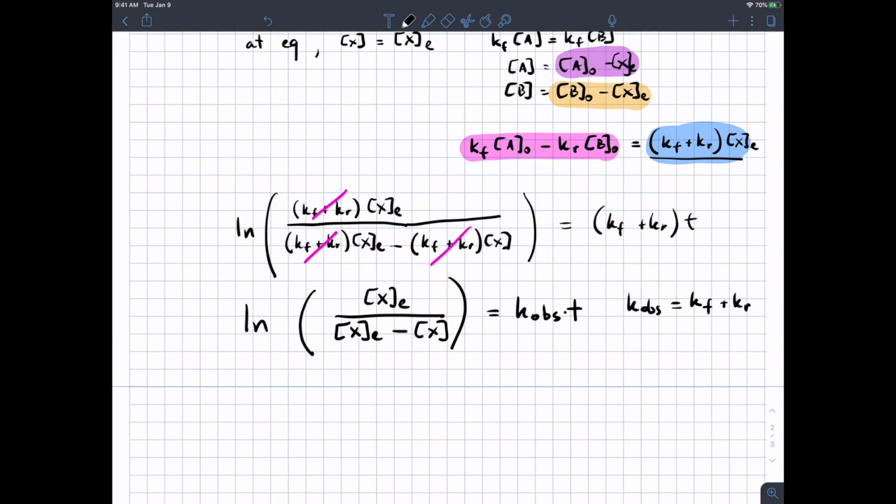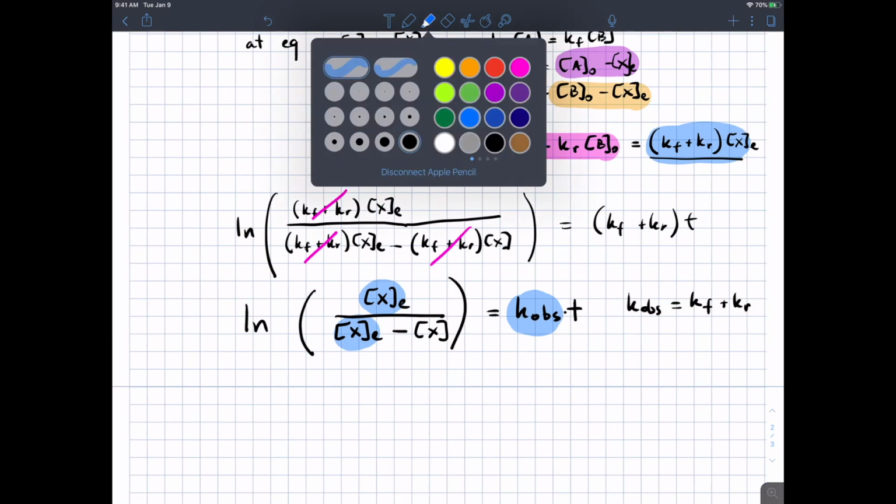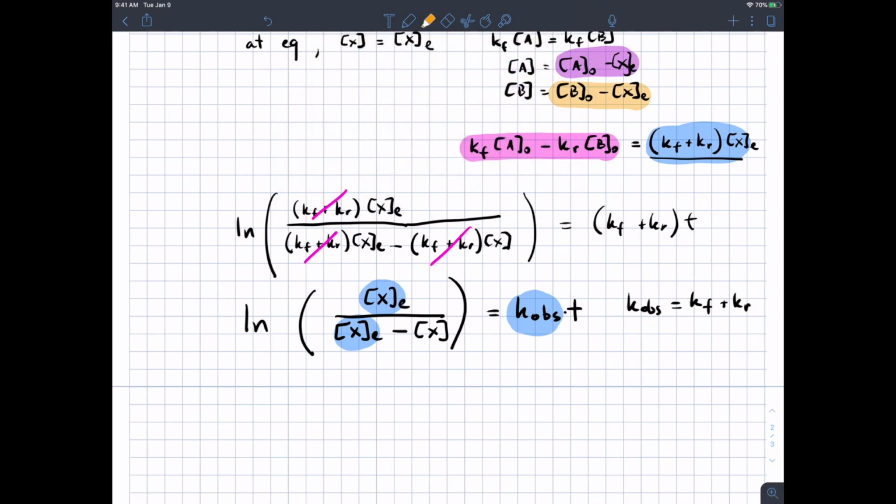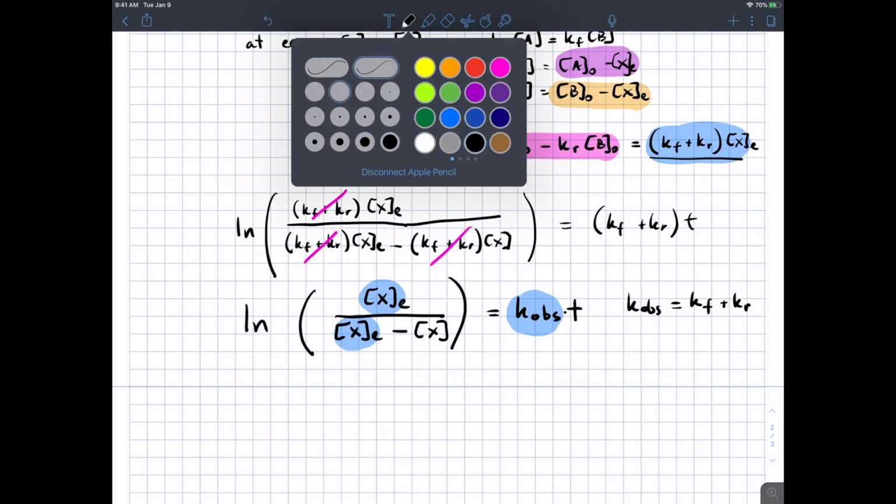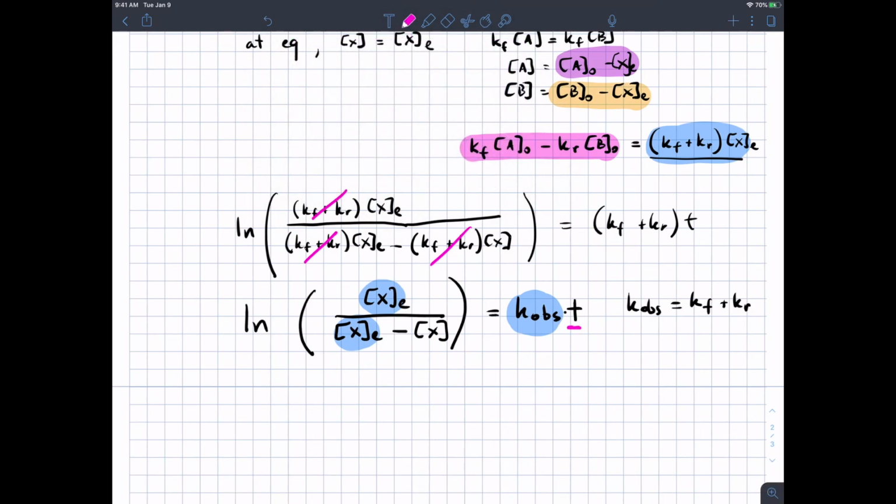Yep, so in blue are things that are constants, and here is our independent variable, time.